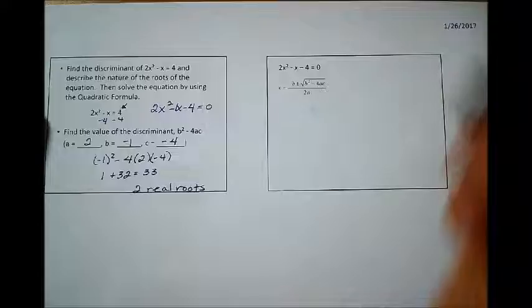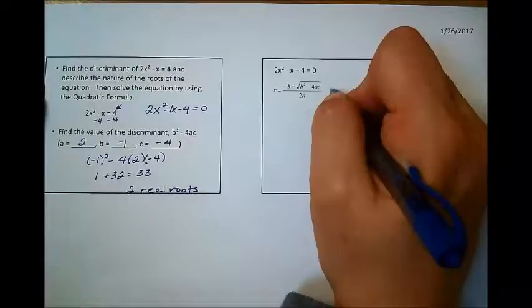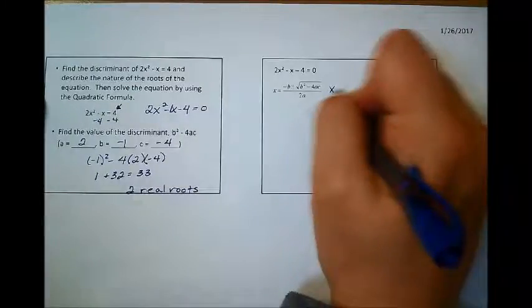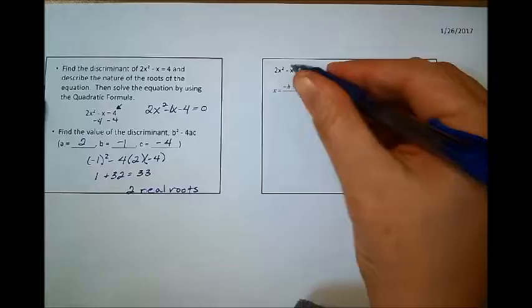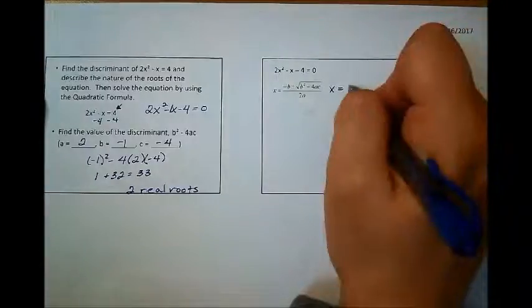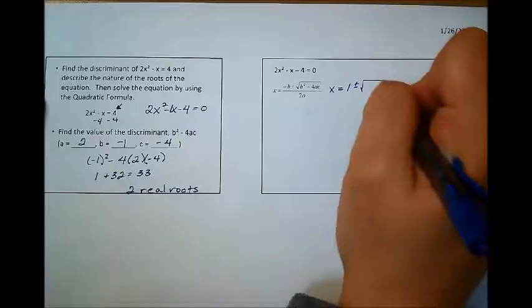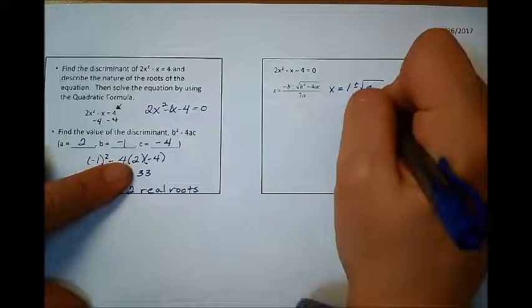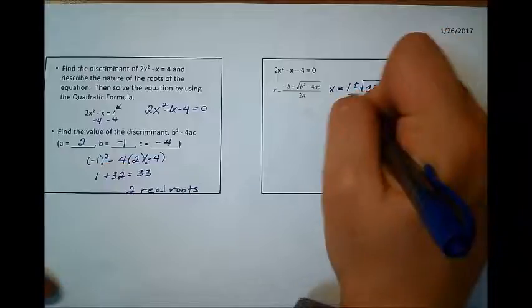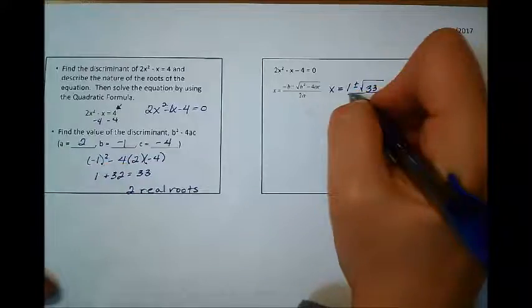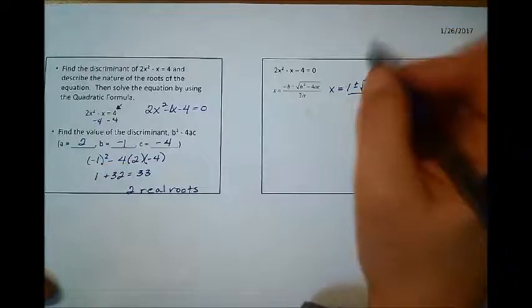So let's look at this. We get x equals negative b. b is already negative 1, so it's just going to be positive 1 plus or minus the square root of 33 all over 2 times a. 2 times 2 gives us 4.